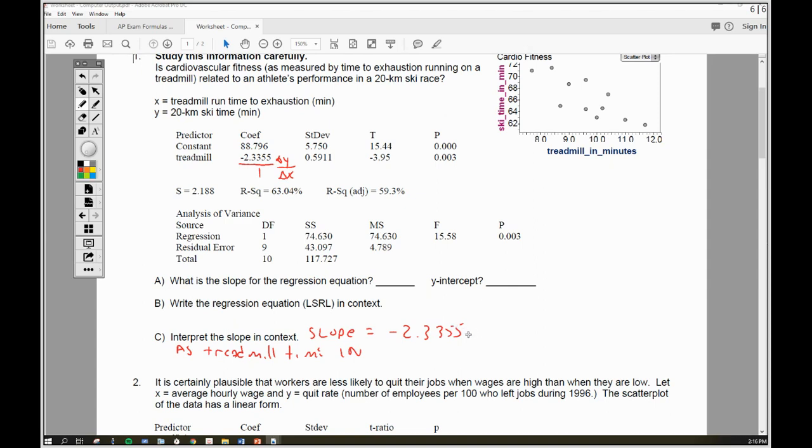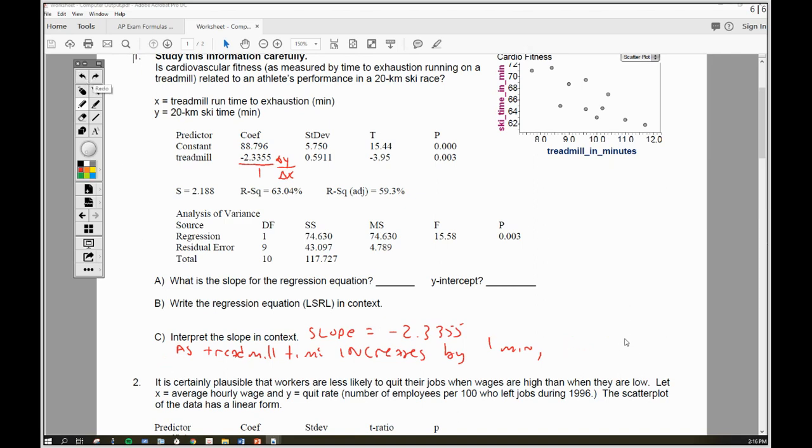And then as treadmill time increases by 1 minute, ski time decreases. Oh, wait, I'm going to back up here, kids.